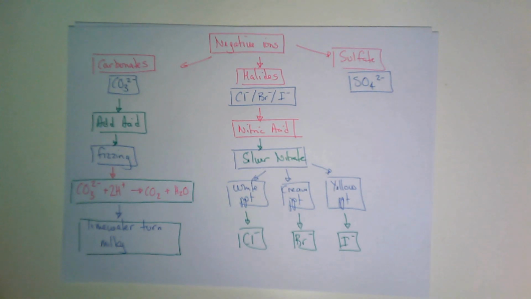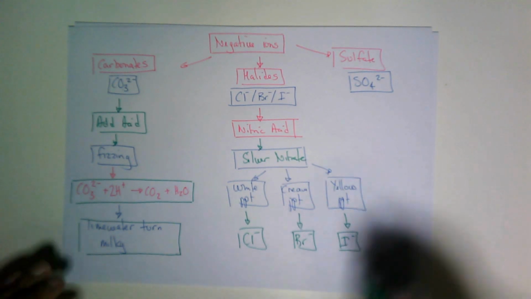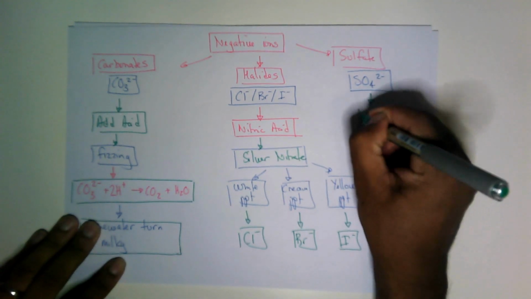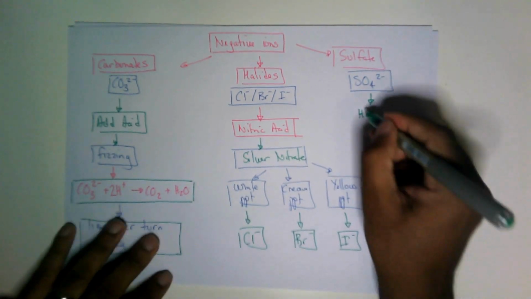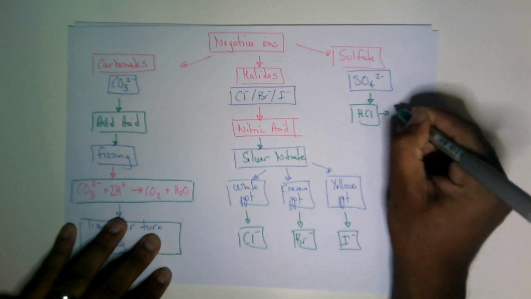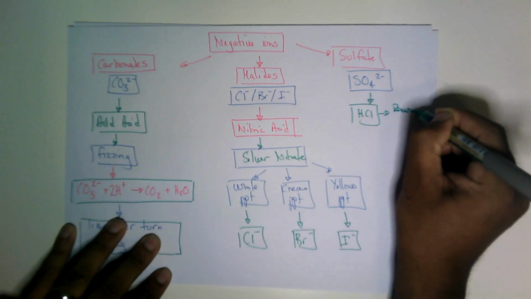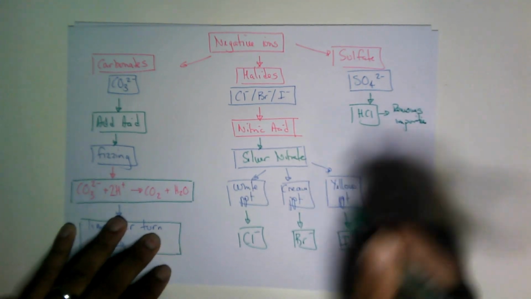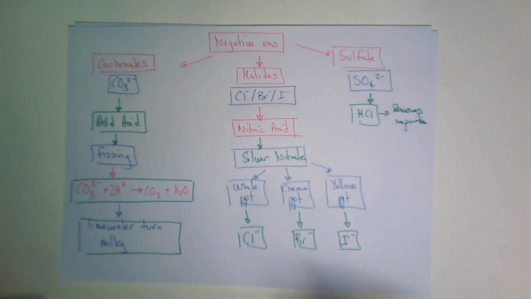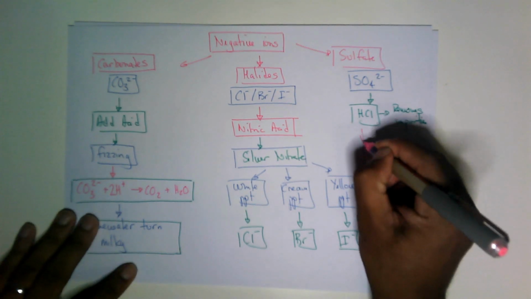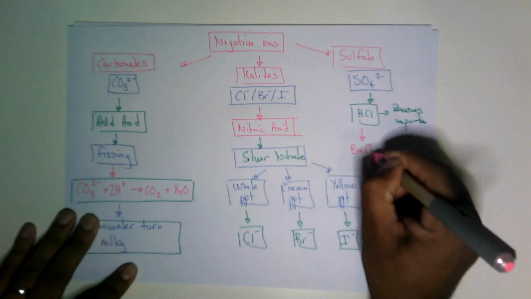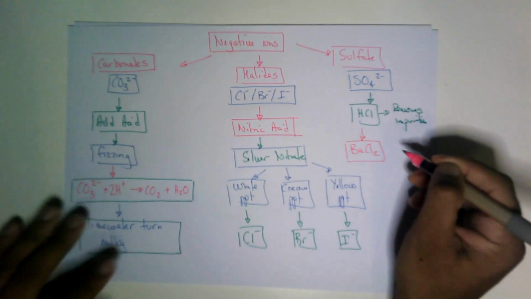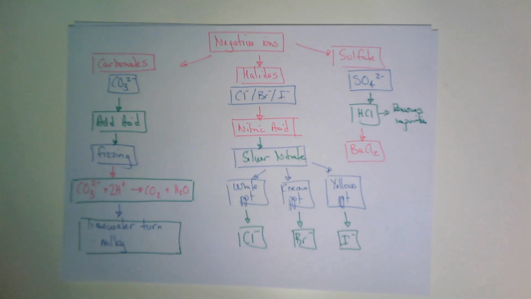Now with the sulfate ions, again, you first need to add an acid to get rid of any impurities. So you add HCl, that removes any impurities that may be present. And then what you add is a compound called barium chloride, and that will form a white precipitate.